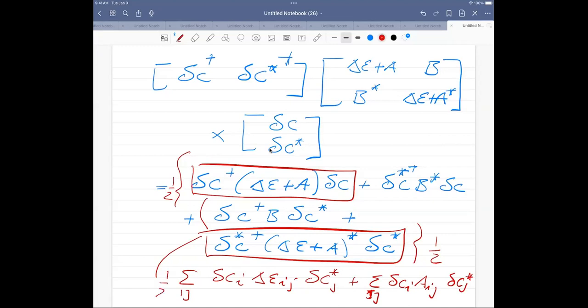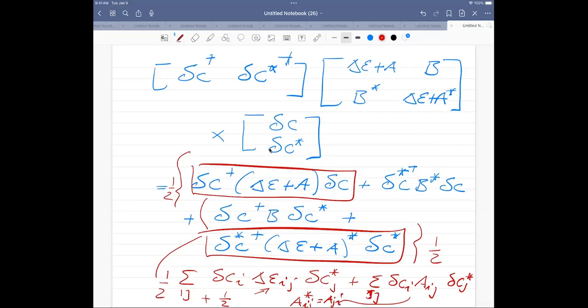So this has a factor of a half, and then I have a similar factor plus a half, which contains the same term here, but it has the complex conjugate one, and that is, when I have that one of ij, this is the same as Aji.